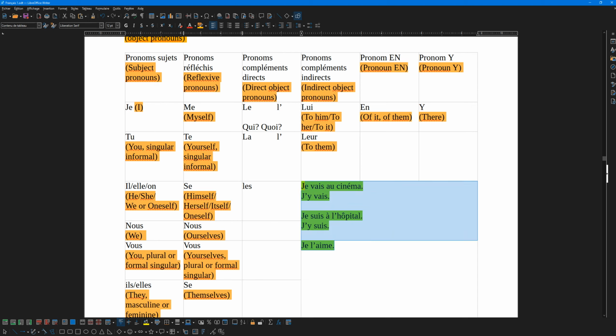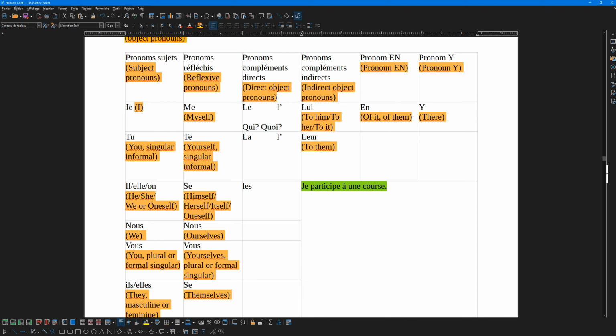Now for the last use of y, it's a little more complicated. Y can replace something when the verb finishes with à. Like in this example, je participe à une course. Okay.